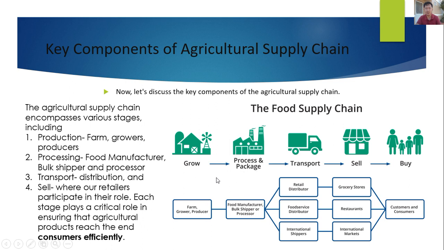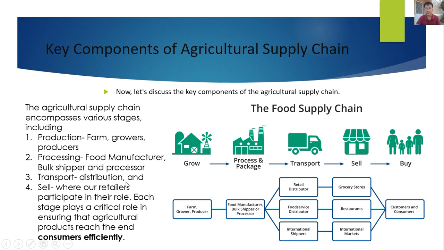Then it goes to processing, where the food manufacturers, the bulk shippers, and processors take place. And then it goes to transport. These are the distribution: the retailer distributors, the food service distributors, and international shippers. So they are in the logistics aspect of the supply chain.